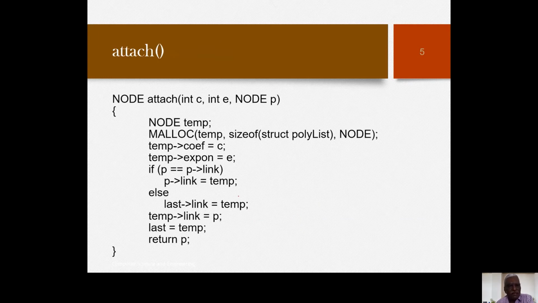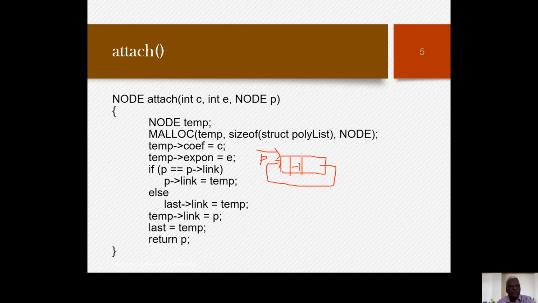Yeah, so this is the slide which shows it. When you come here, my P will have the header node, something like this. This is my -1. This is my P. So this is a circular list. Okay.